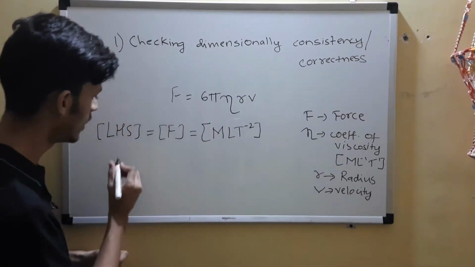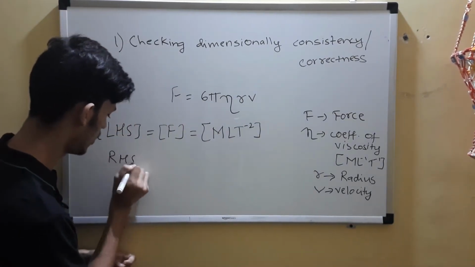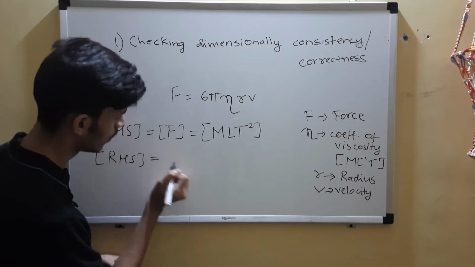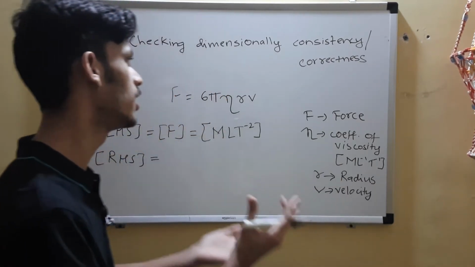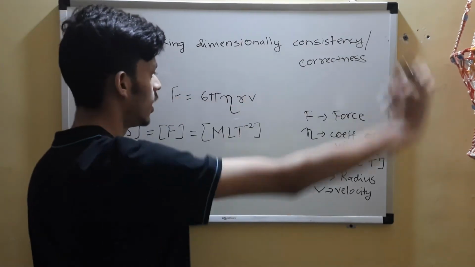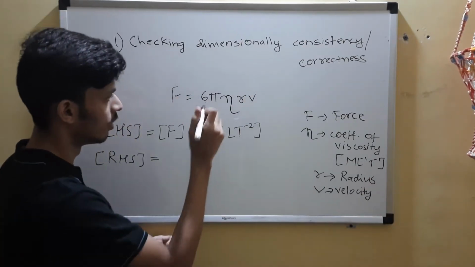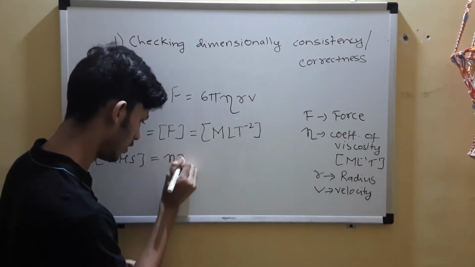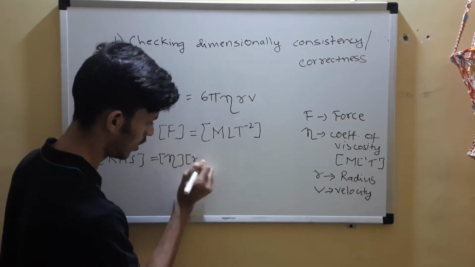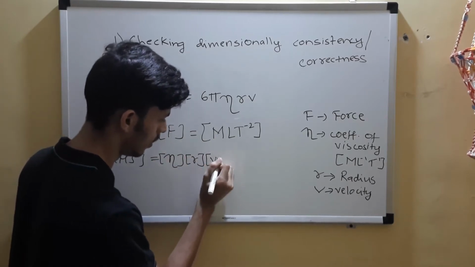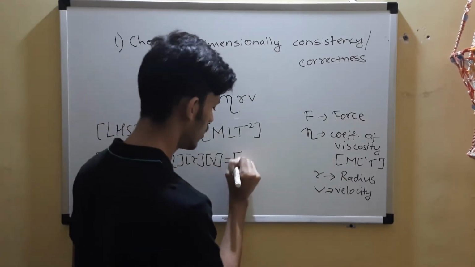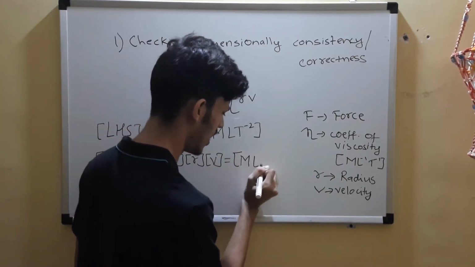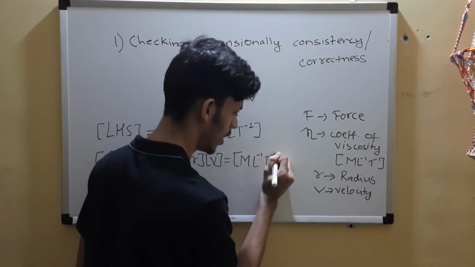Let's go for the right hand side now. Okay, now 6 pi. 6 pi is again a number. Numbers are dimensionless, so you can remove that out safely. Now dimensions of eta, dimensions of r, and dimensions of v. Okay, sounds nice. So eta, we have the dimensions. Even if you don't remember, I had given you a choice to remember other.